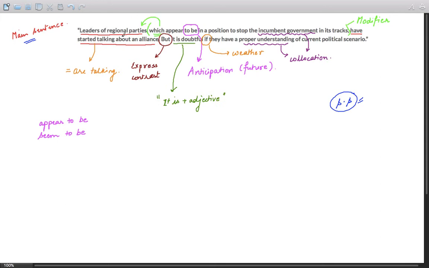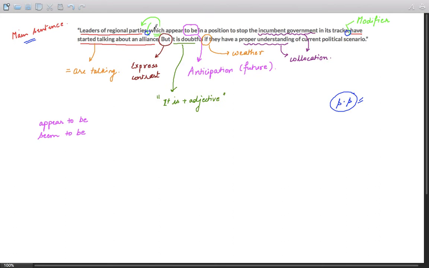The main sentence has an existence of its own. Even if you delete the modifier, the sentence still stands. So this is usually separated by a comma. There's a comma over here and a comma over here. So, which appear to be in a position to stop the incumbent government in its tracks.